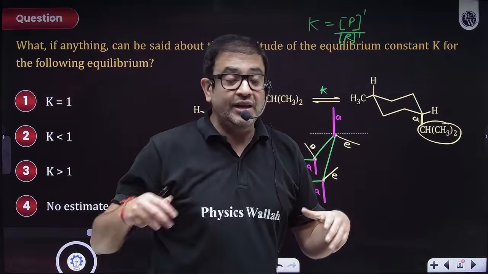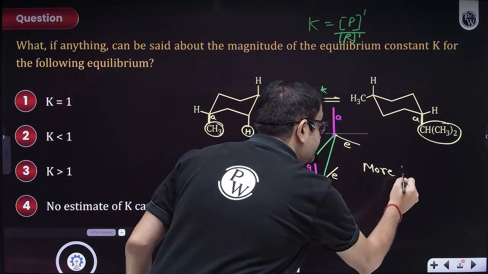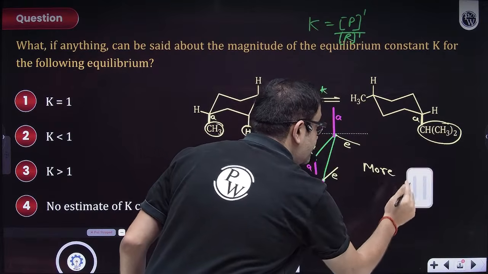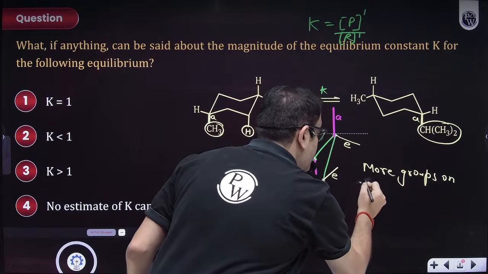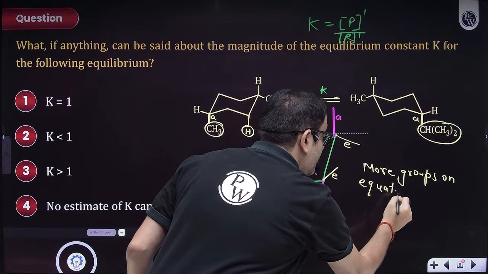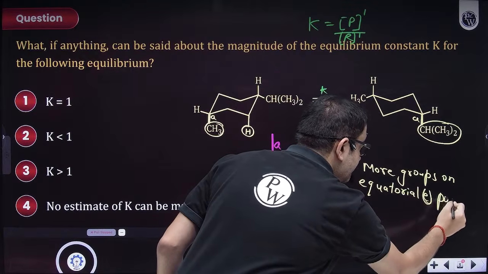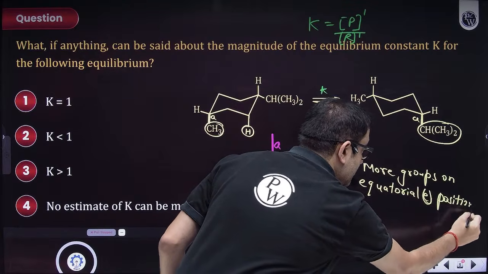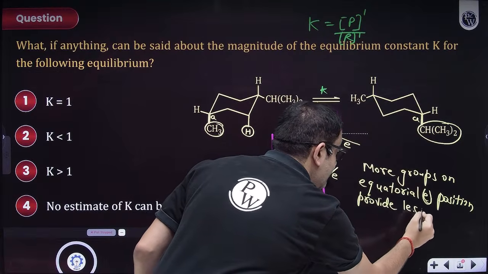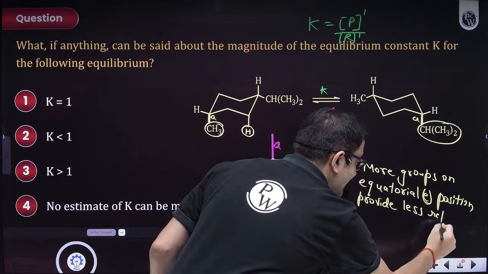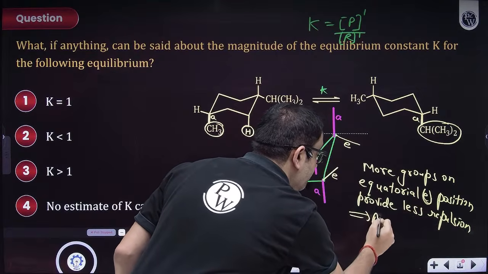But technically, groups on equatorial position provide less repulsion. So repulsion is less. That means more stable.